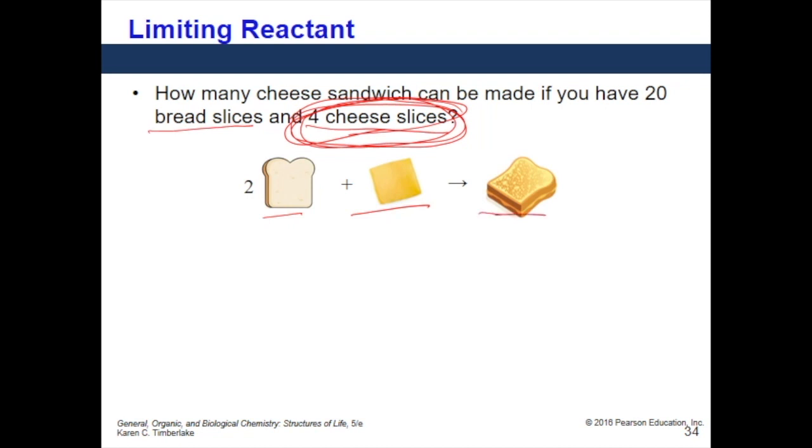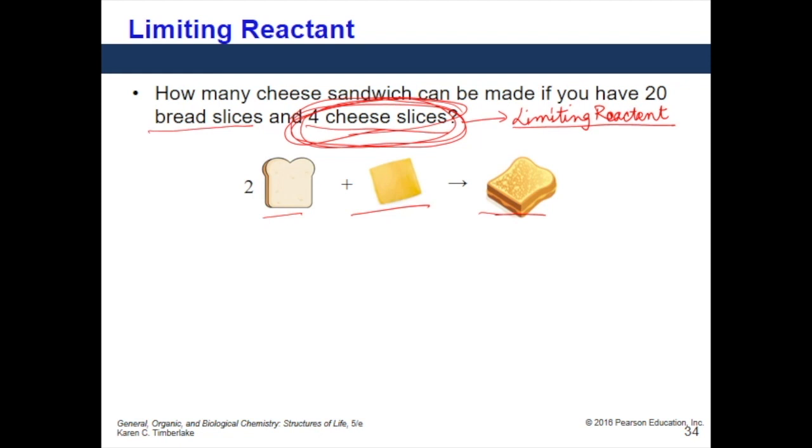So in this case, the reactant that controls the amount of product produced is called a limiting reactant. This is the reactant that is present in lesser amount. It will produce lesser amount of product, and once this reactant is used up, you don't have enough of this reactant to use all of the other reactant.